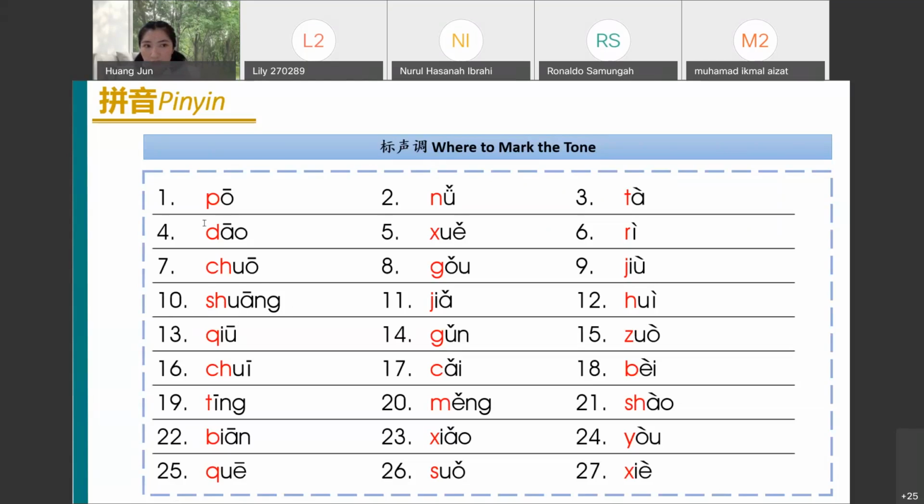Can you type your answer in WebEx chat? What is the final for number 10? We told you in one syllable, you will have one initial, one final, and a tone. The tone is number 1, right? It's the first tone in this syllable. The tone is number 1, the initial is sh, 诗. What is the final for this syllable?